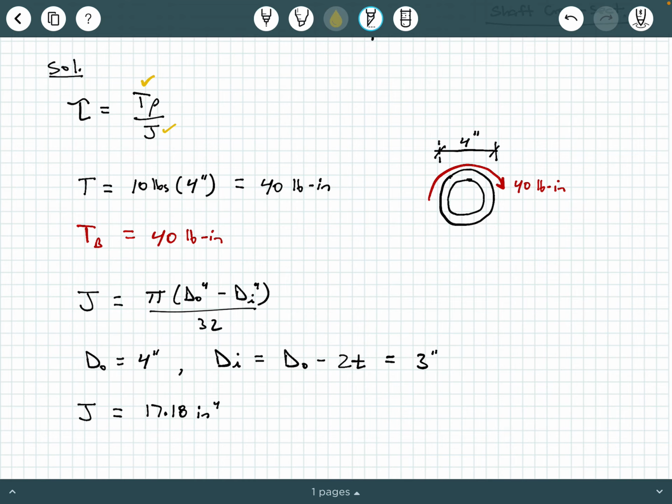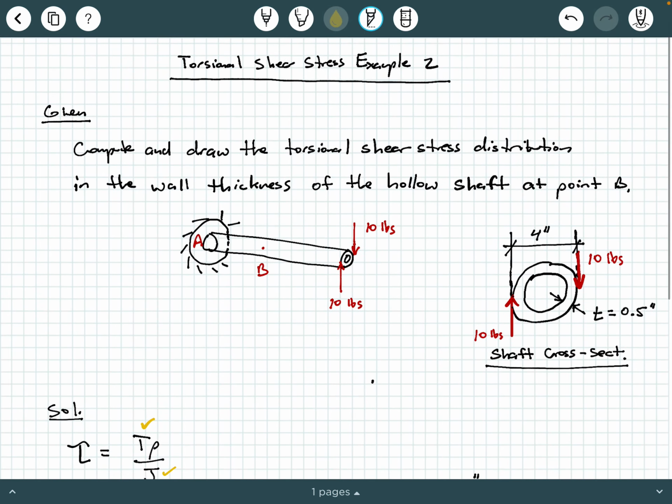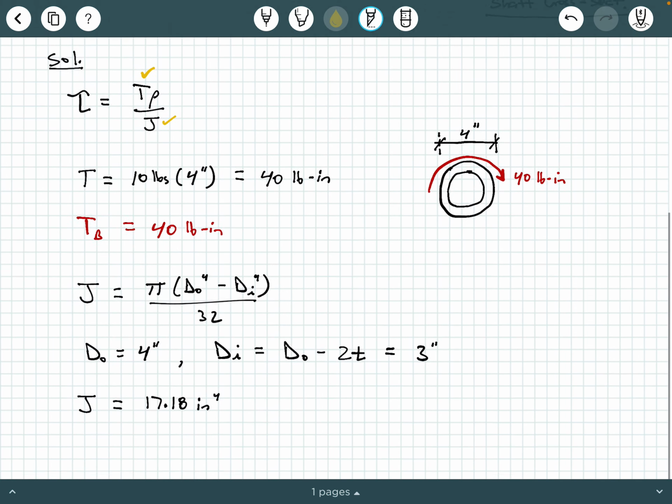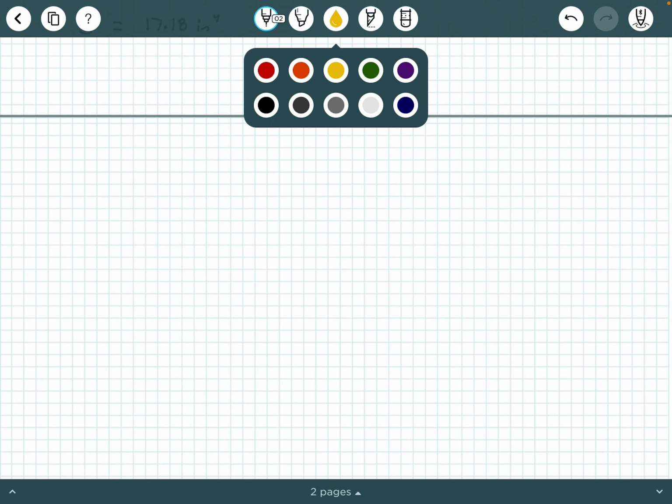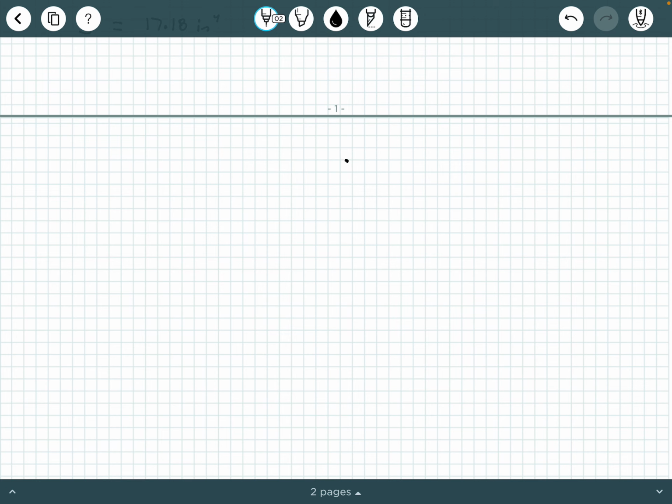Now we need to know about rho. Well, if you read the directions very carefully, what do the directions say? Compute and draw the torsional shear stress distribution in the wall thickness of the shaft, okay? So what we really need is a couple of values here. So I'm going to draw this hollow circular shaft much bigger.